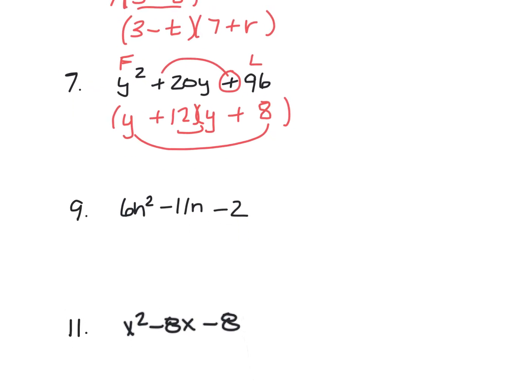Number 9, same type. Looking through this, no greatest common factor. It doesn't involve any squares or cubes. So I'm going to do this by trial and error. 6n squared, my first terms, could potentially have 3n and 2n. Potentially could have 6n and 1n.